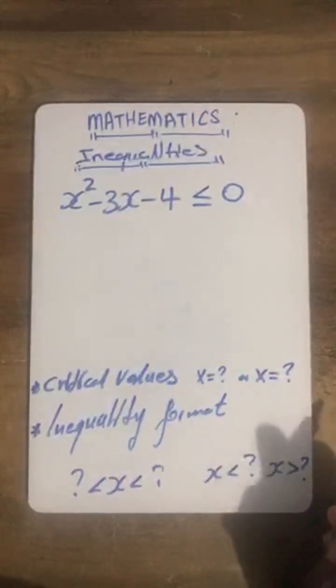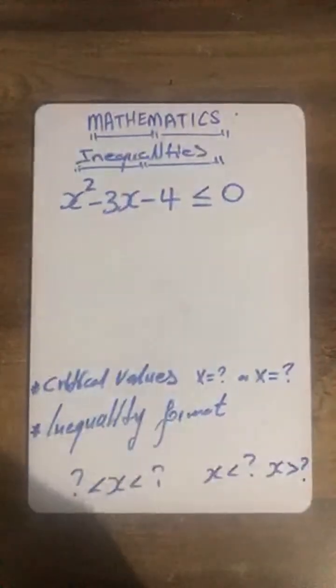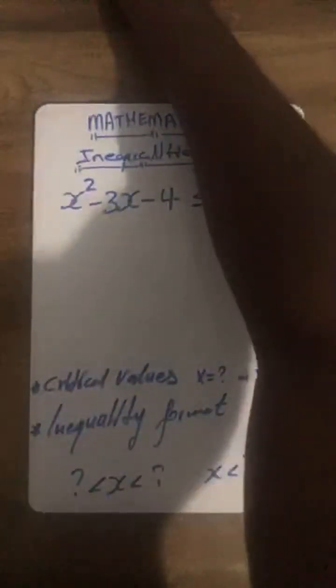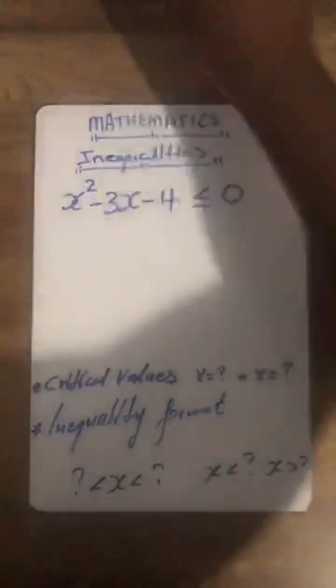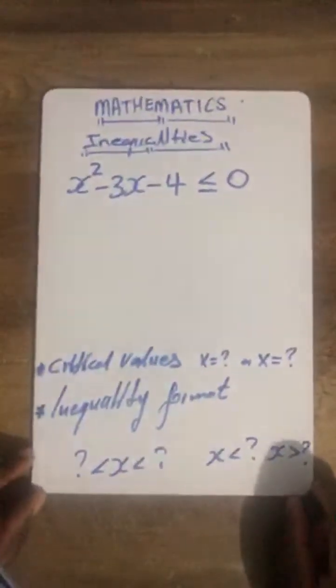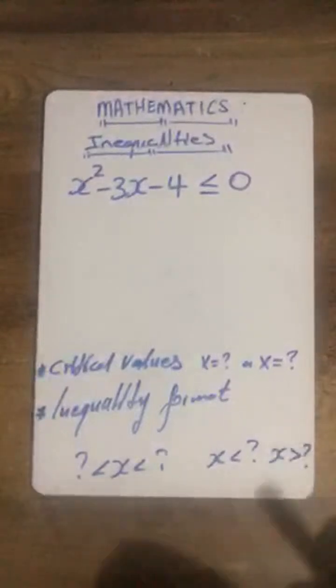So that means you can draw a number line on your side. We will compare that to when I work it out and give a solution.